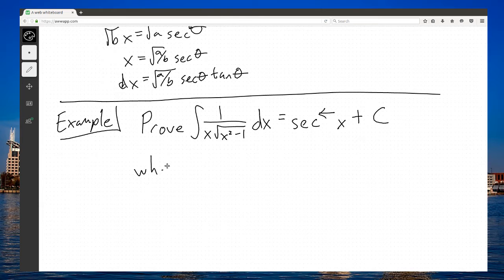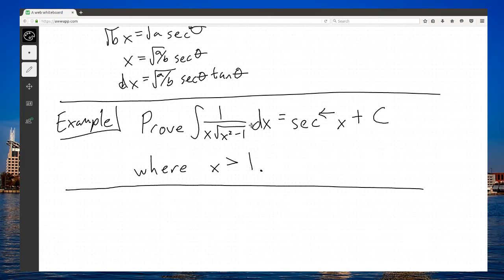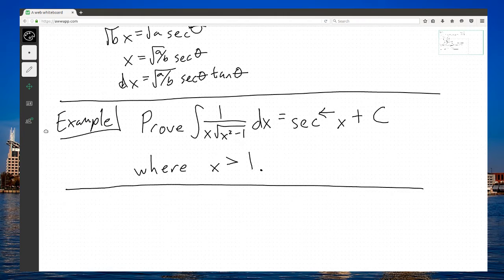And as usual, whenever we do these sorts of substitutions, we'll be assuming that x is greater than or equal to some number. Here it has to be strictly greater than because if I plugged in a 1, I would get a 0 in the denominator. But anything strictly greater than 1, this is fine. So, let's take a look.